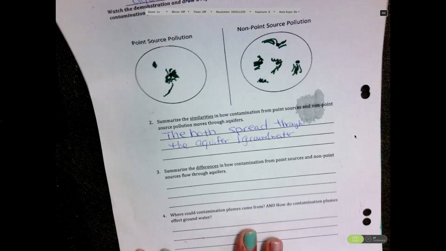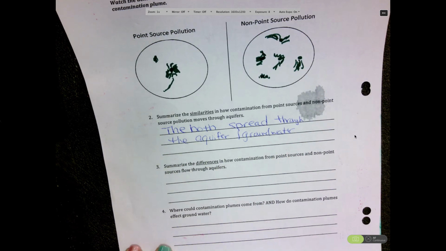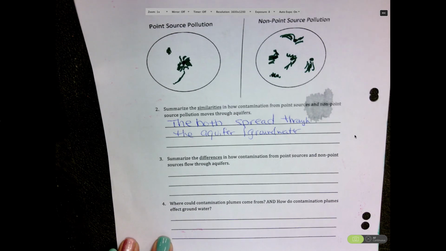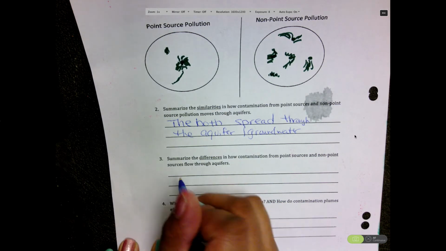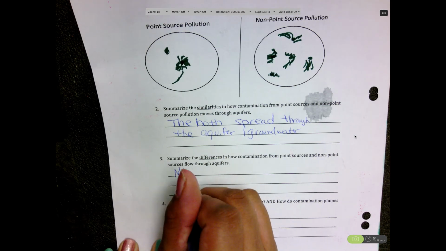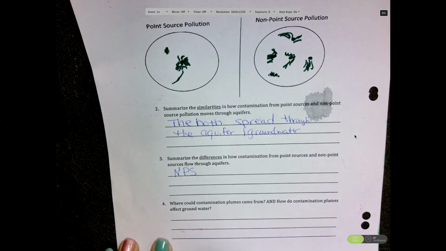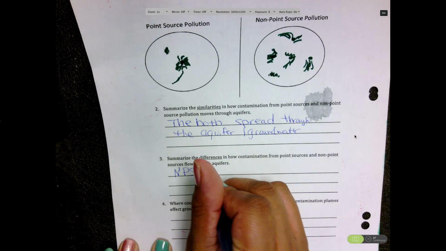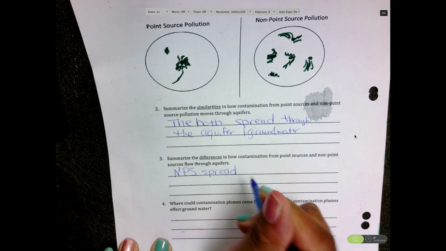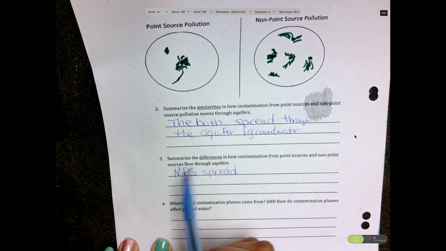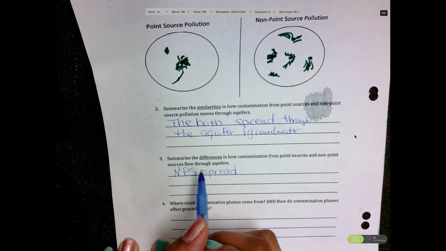What are the differences in how the contamination from each source moves or flows through the aquifer? What's the difference? That non-point source pollution, I'm going to abbreviate NPS, non-point source, spreads faster than... It may not necessarily spread faster, because you don't want to think faster means more locations, but it means it spreads more.